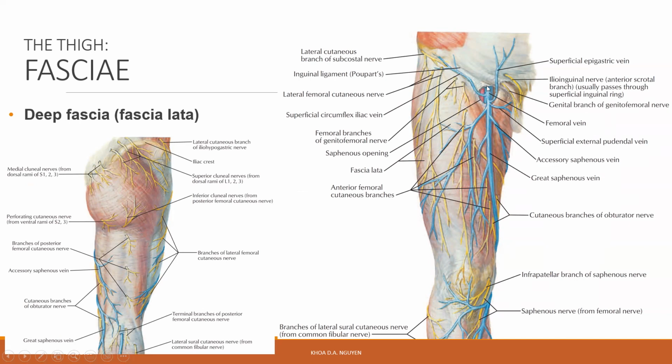And this hole, the saphenous opening, is going to be the way that it does that. Okay, there is another name for the saphenous opening, and we will learn about that when we talk about the femoral ring. I'm sorry, when we learn about the femoral ring, that will be coming up shortly.